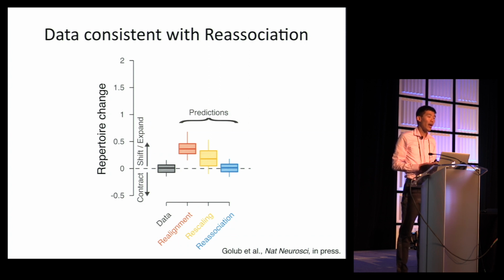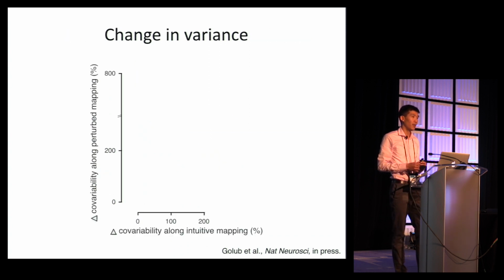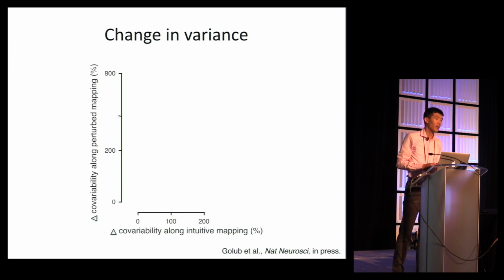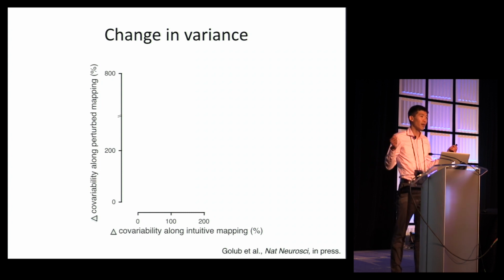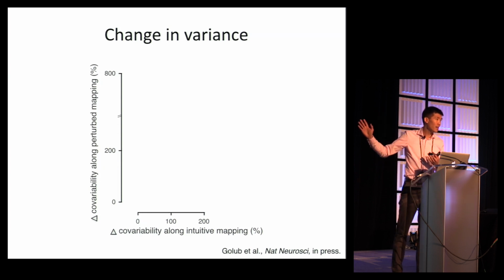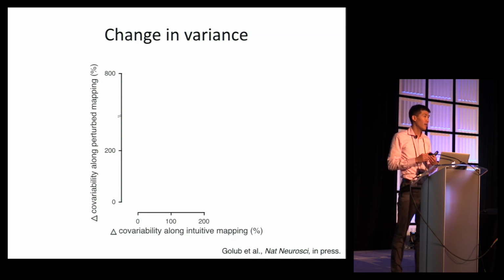The second way in which we quantified this was by change of variance. So how much variance was there in the population activity along different dimensions? The horizontal axis here plots the change in variance of the activity, pre-learning versus post-learning, along the intuitive mapping, whereas the vertical axis is the change in variance of the neural activity, pre-learning versus post-learning, according to the perturbed mapping.